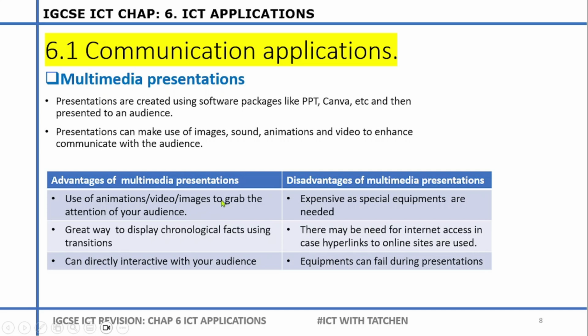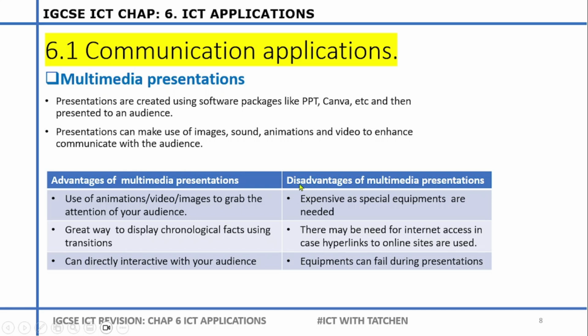That's why you have images. Without an image, I'm just speaking, and most of the time it looks boring. Images to see what you're talking about help, and videos help too. We also have a great way to display chronological facts using transitions. Good, so that's also an advantage. You can directly interact with your audience.